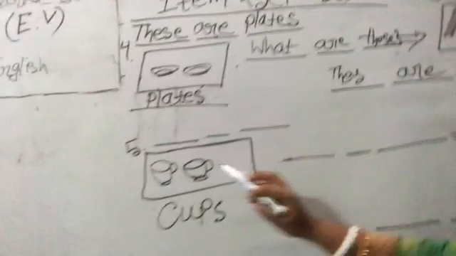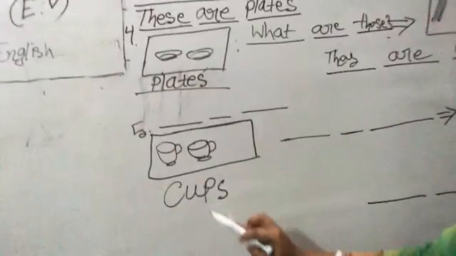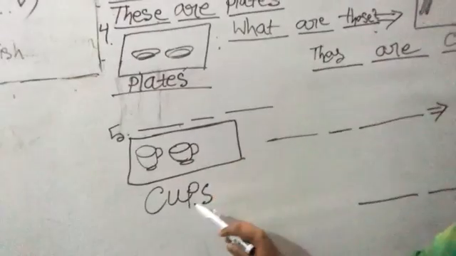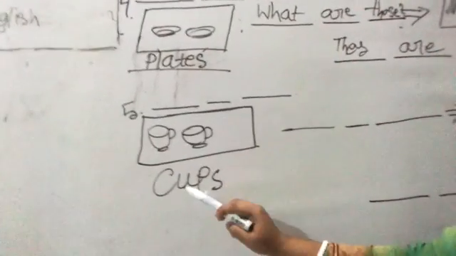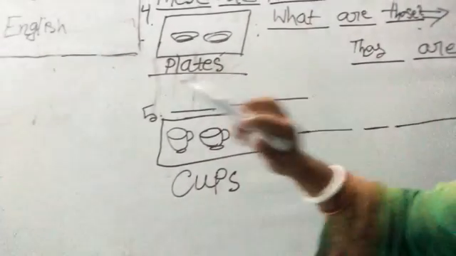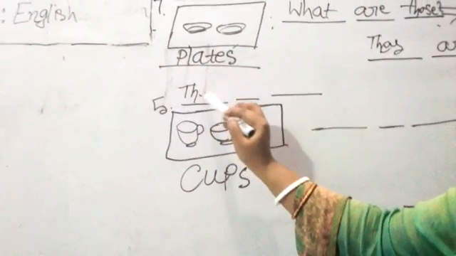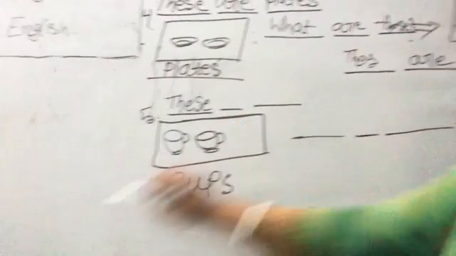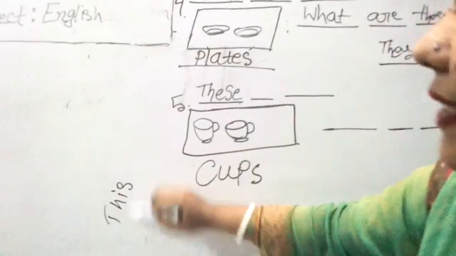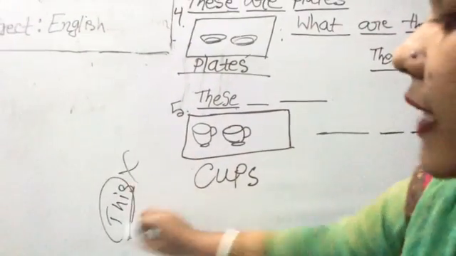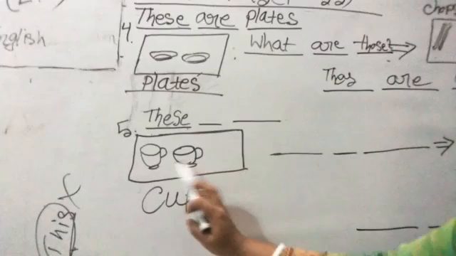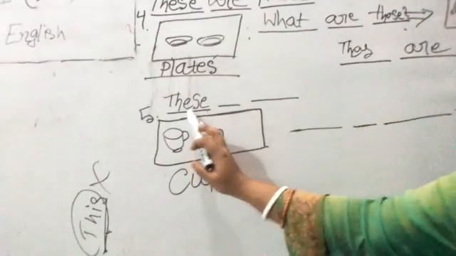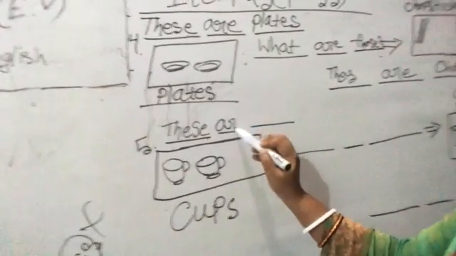Okay, so now coming to the next one, what is it? We can see two cups here. In the box there are two cups. So we will write this. This is not THIS, it is for singular. But here as there are two cups, so we have to use THESE. These are what?